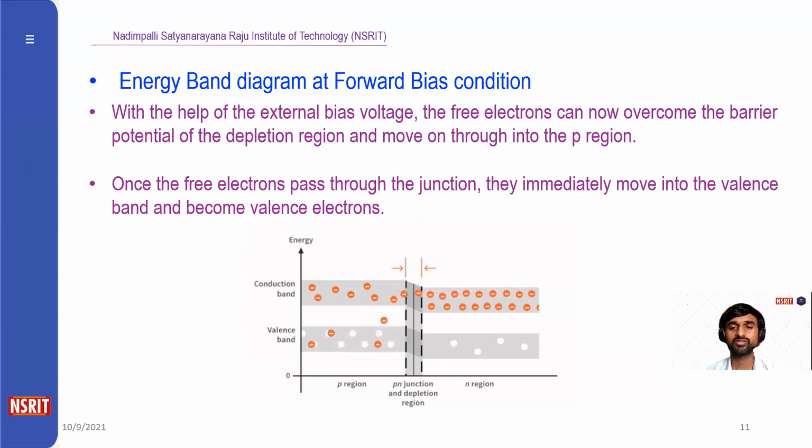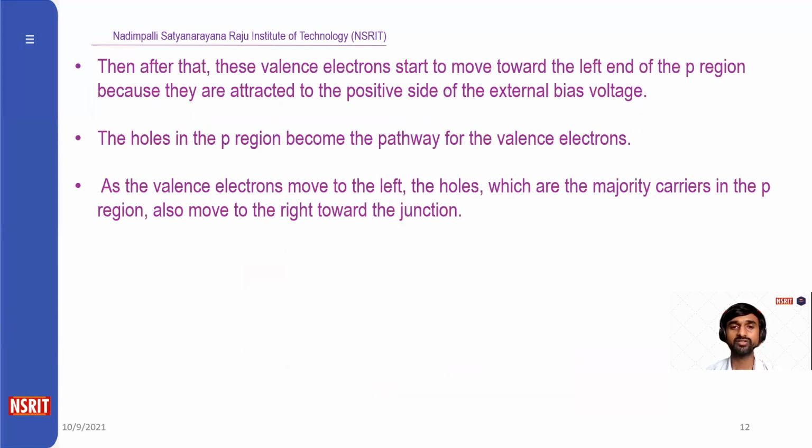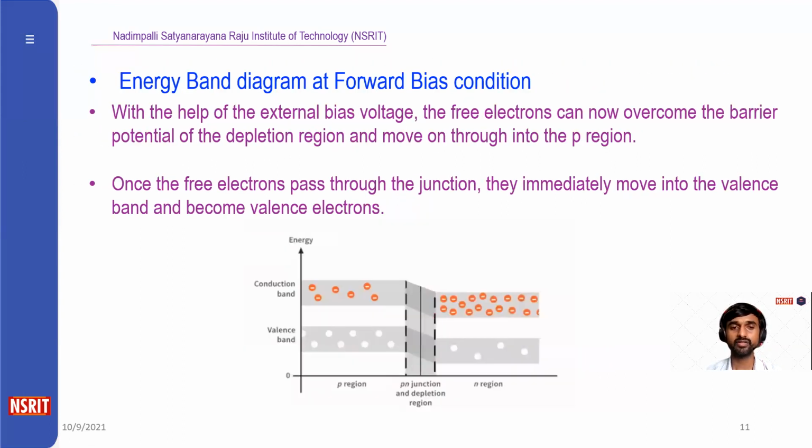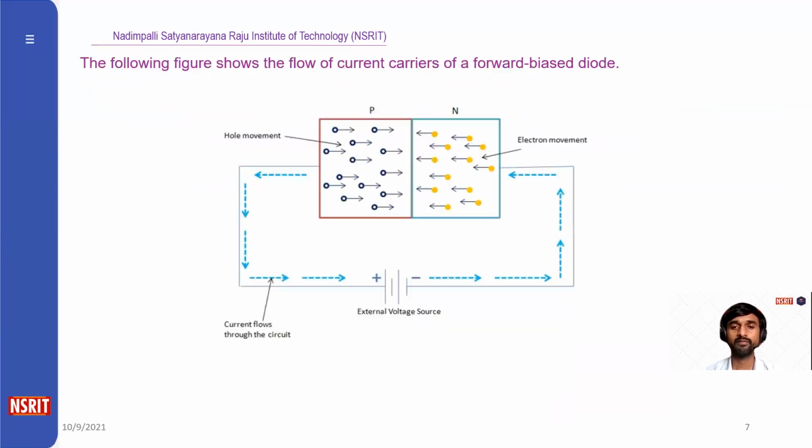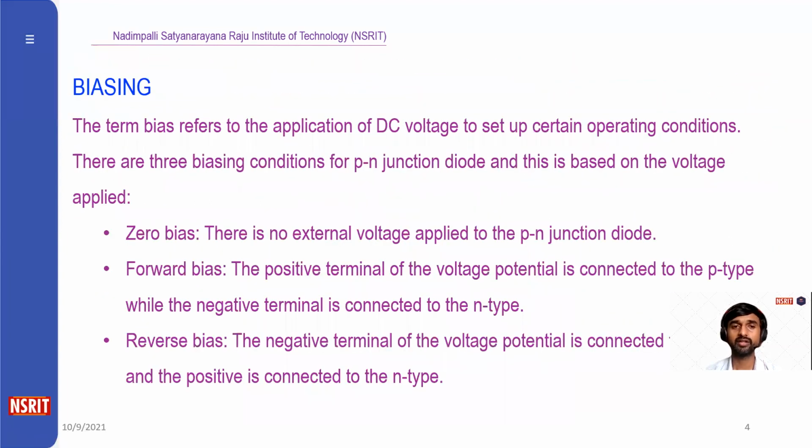Generally, the electrons which are present in the conduction band of the N region, when they cross this depletion region or the potential barrier, drop energy and are pushed into the valence band. So this is the energy band diagram of a PN junction diode when it is in forward biased condition. So this is the operation of PN junction diode in forward biased condition.